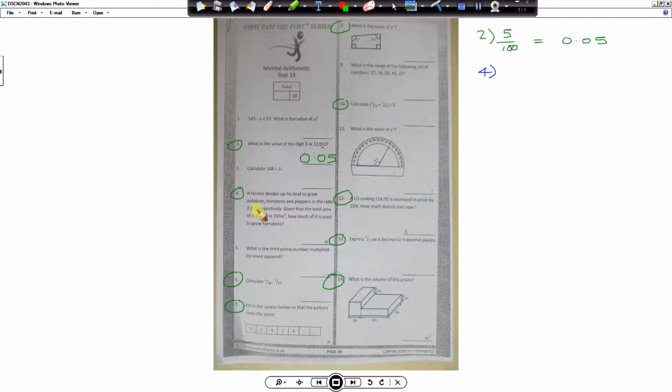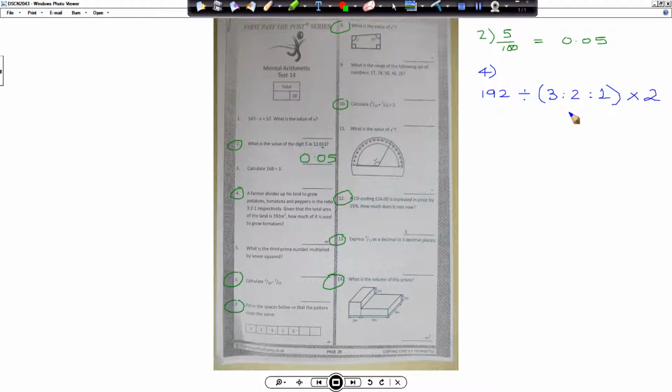So we divide it by the ratio, and then we multiply by the one that you want. Tomatoes is the second one, so we times it by that.